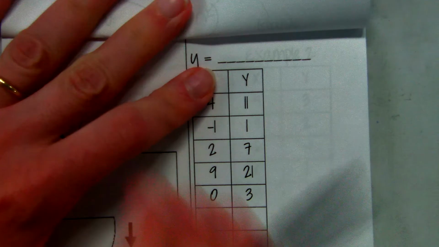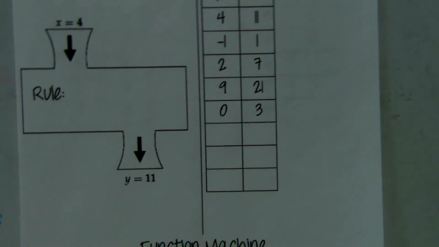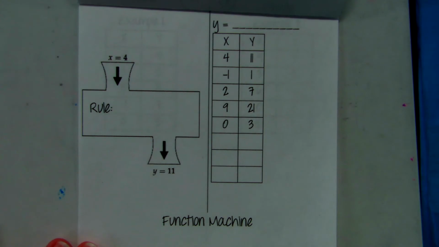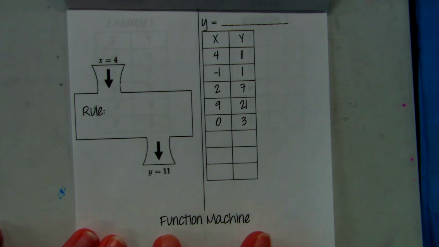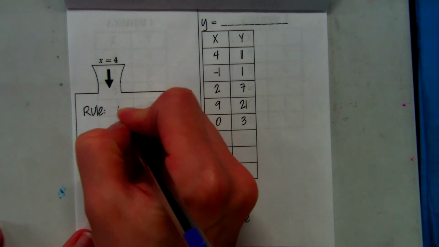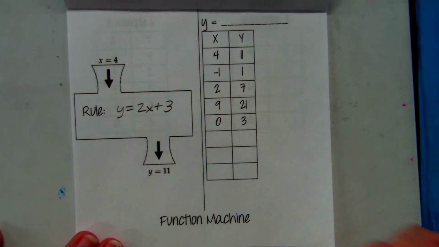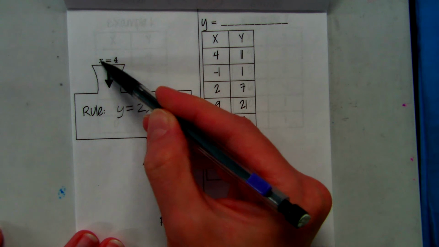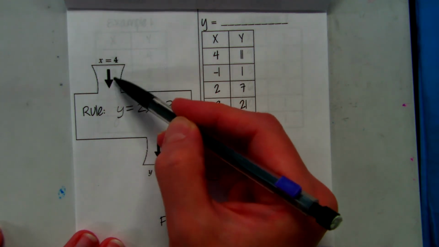All right, let's take a look at what we call the function machine. It's labeled down here at the bottom, function machine. So for the function machine, we think of a rule. So you might have a rule that says y equals 2x plus 3. Our x value that we're going to put into that rule, they want to put in 4.